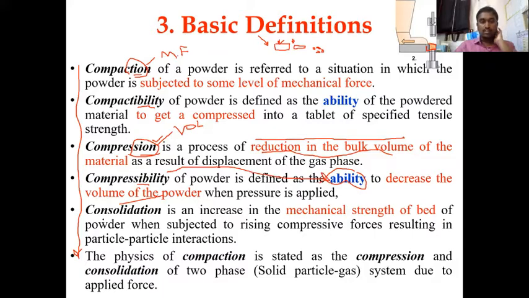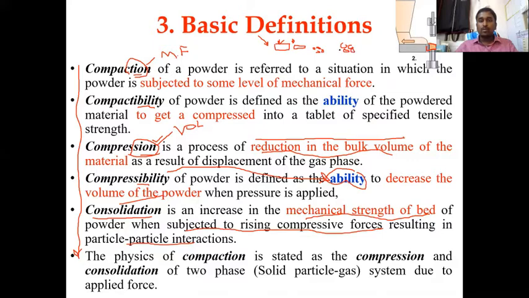Now, what is consolidation? We say like consolidate the data. So what is consolidation? It is the increase in the mechanical strength of the bed. That is, the powders are subjected to rising compressive forces, resulting in particle-particle interaction. Before, the particles are situated like this in the die wall or the cavity. Am I right?